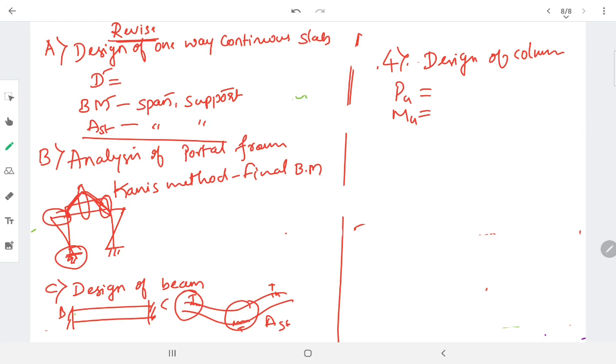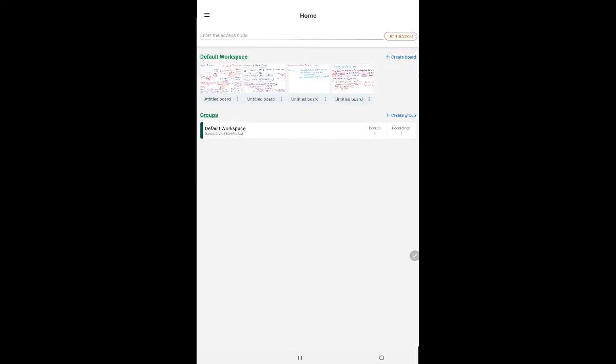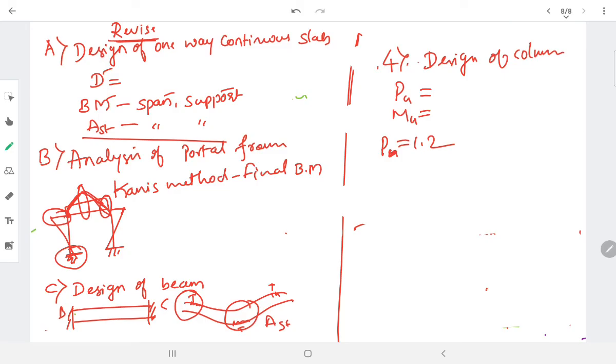Then we have taken the help of the chart available in SP16, chart number 45, and we have decided the percentage of the steel required, that is P is 1.2. Then we have calculated the ASC required for that. Then we have decided the lateral ties required and their spacing.